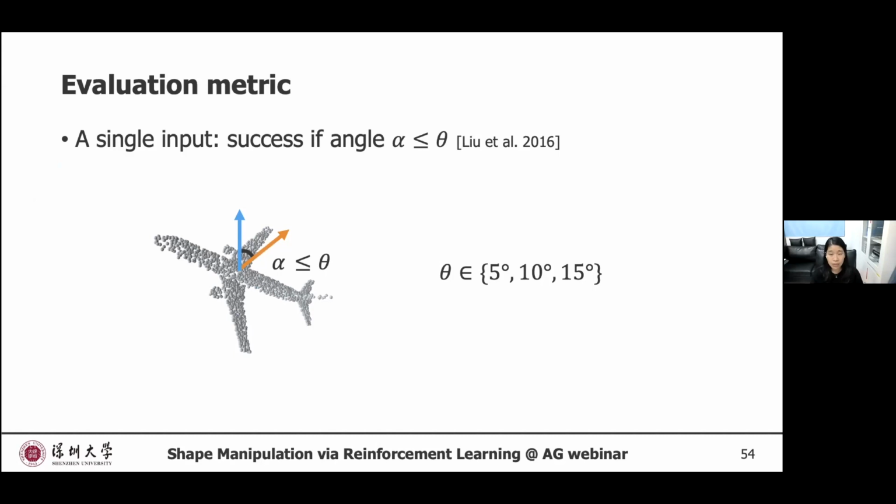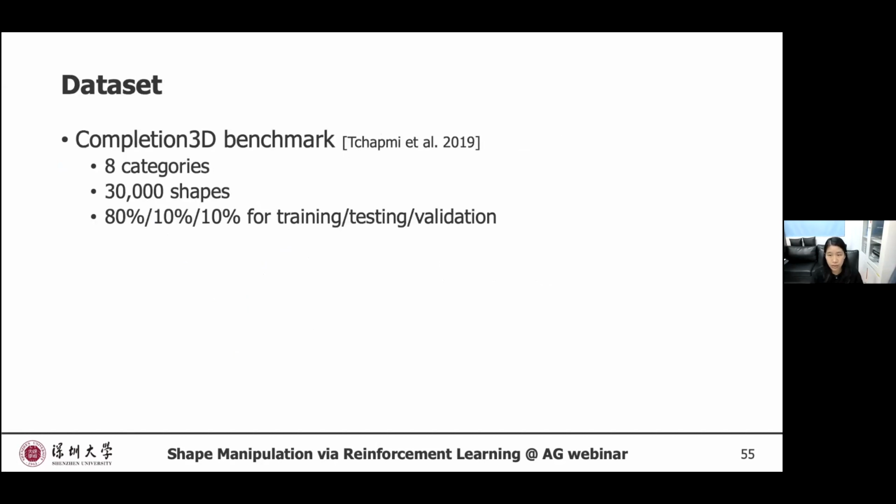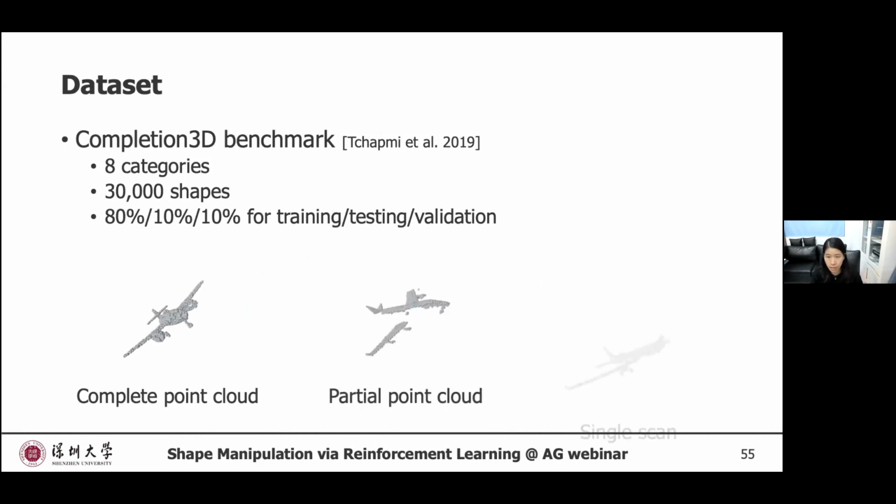Then for a testing set, the success rate is used as the evaluation metric. And to collect those different types of input data for testing, we built 3 datasets from the Completion3D benchmark.